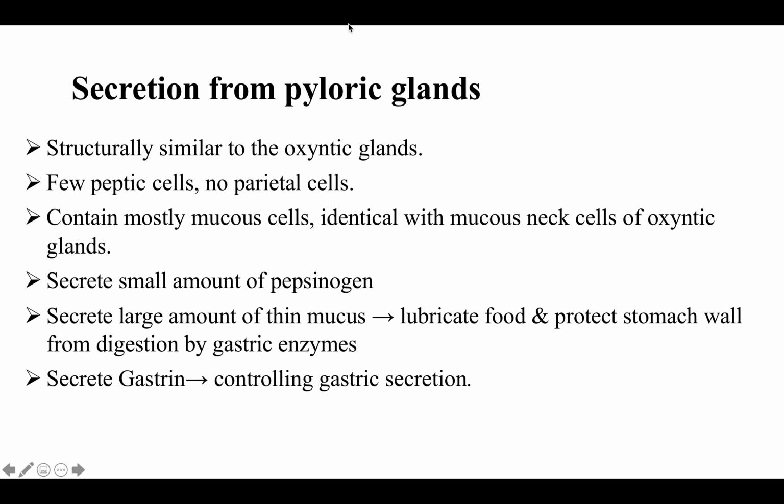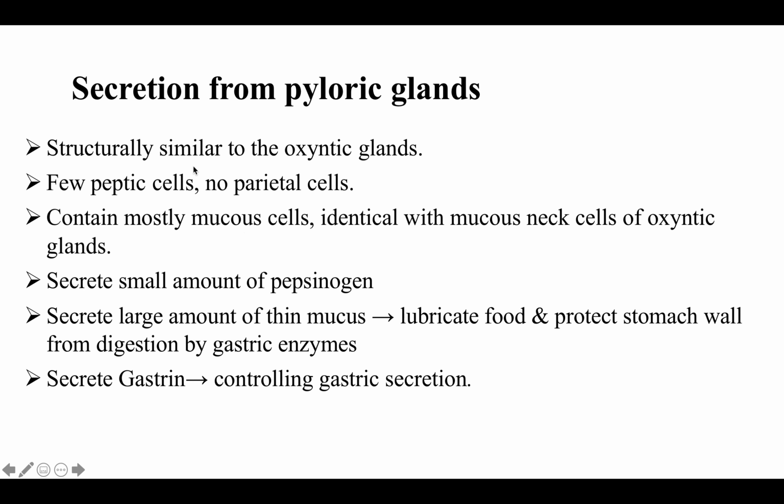Now, the pyloric glands are structurally similar to the oxyntic glands. However, they have fewer peptic cells with no parietal cells, and they contain mostly mucus cells.